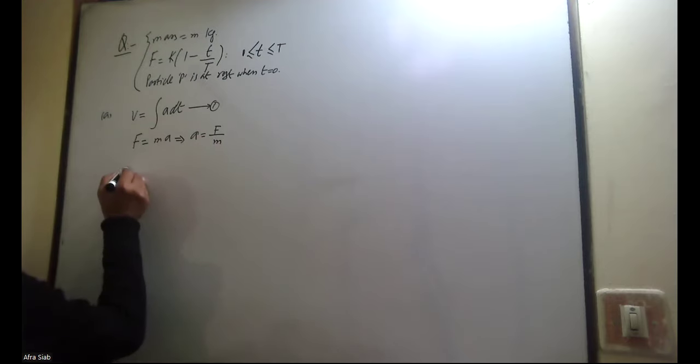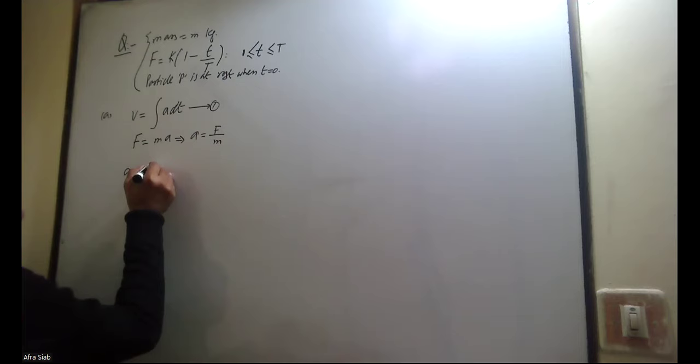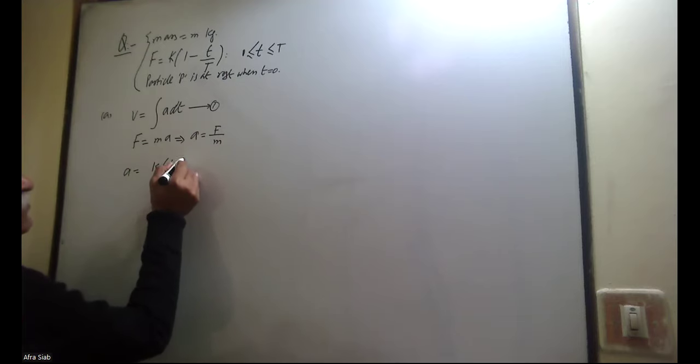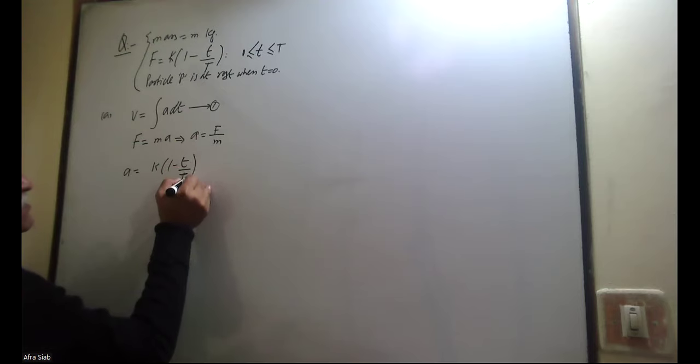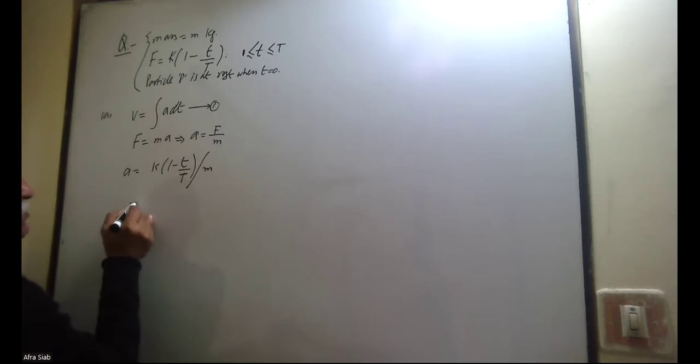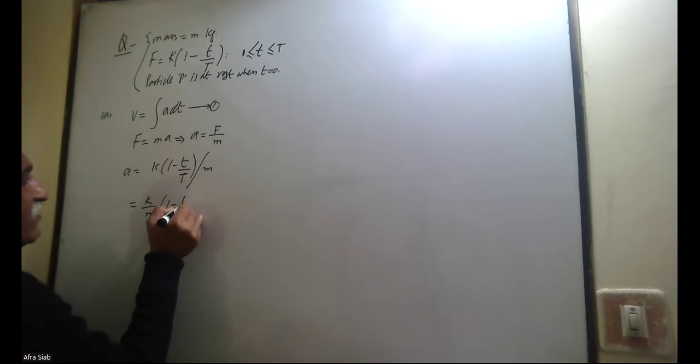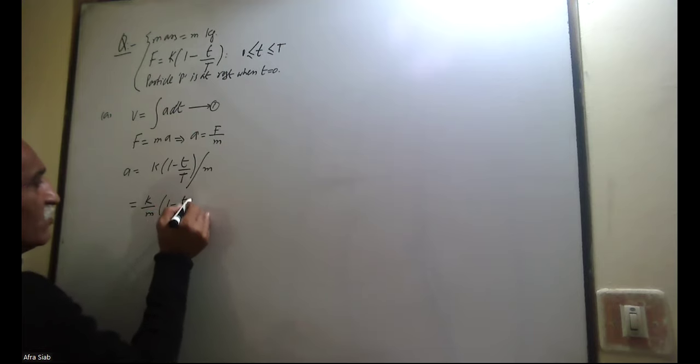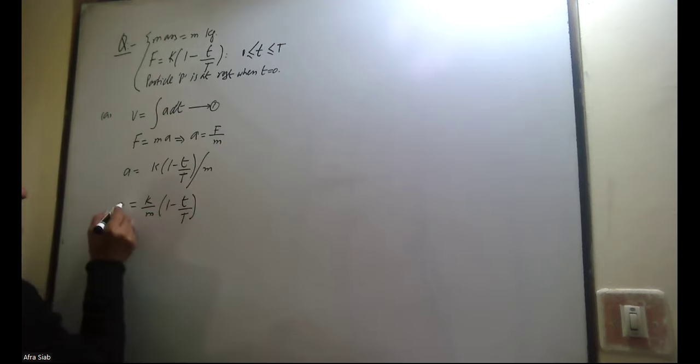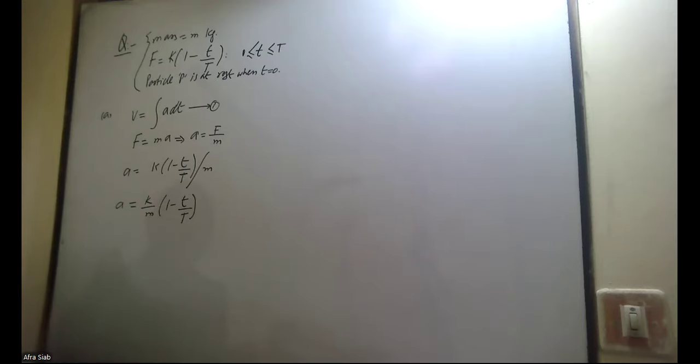So F is basically equal to k(1 - t/T), whole divided by m. So this will be equal to k/m (1 - t/T). That is the value of this acceleration.